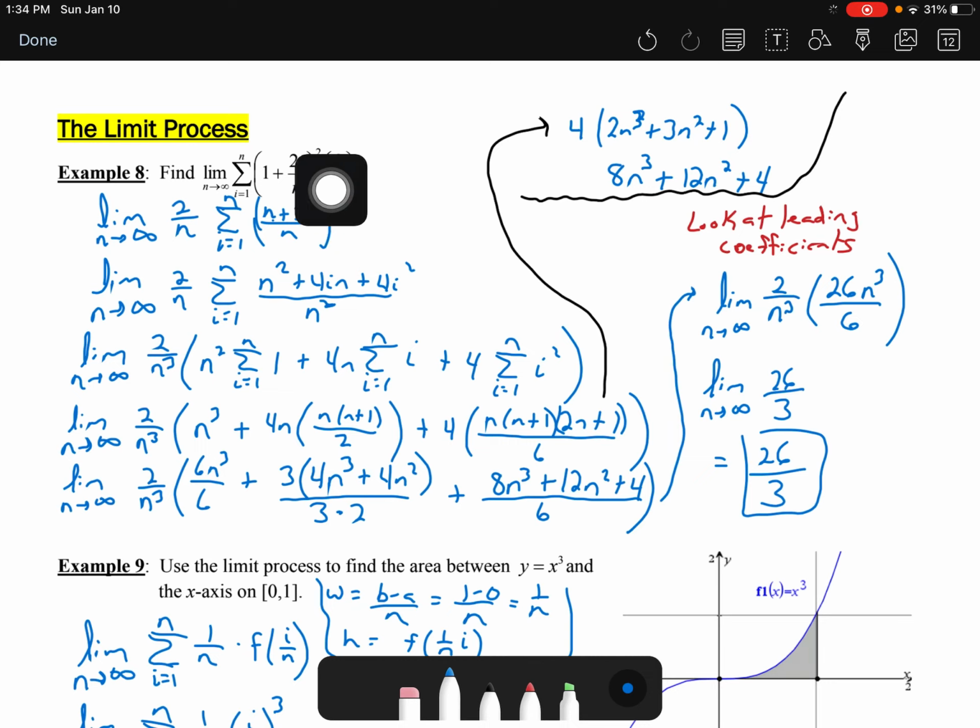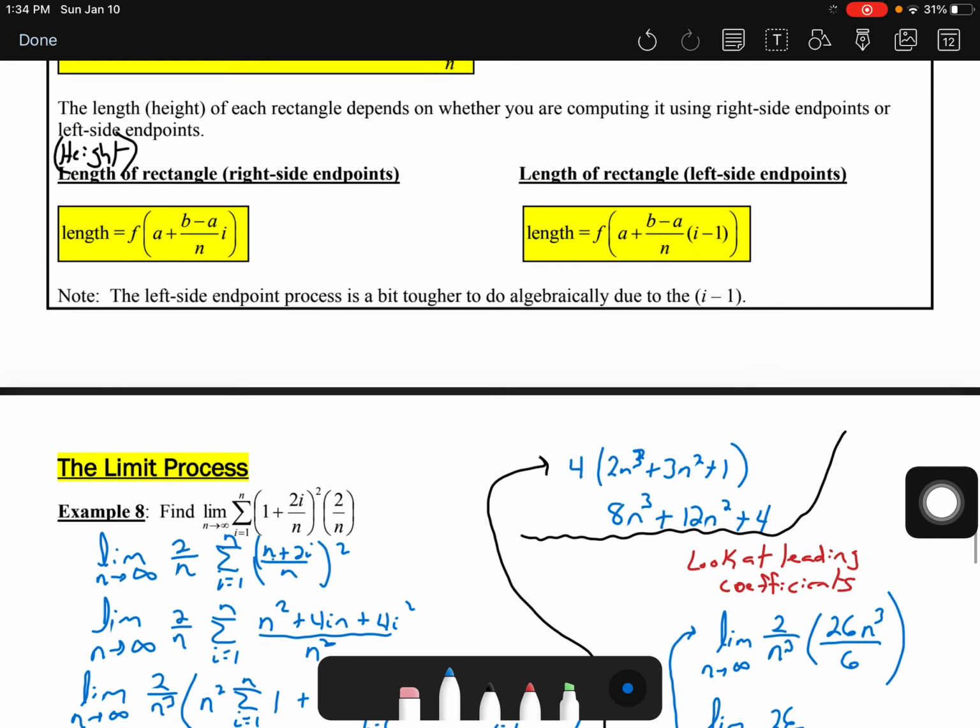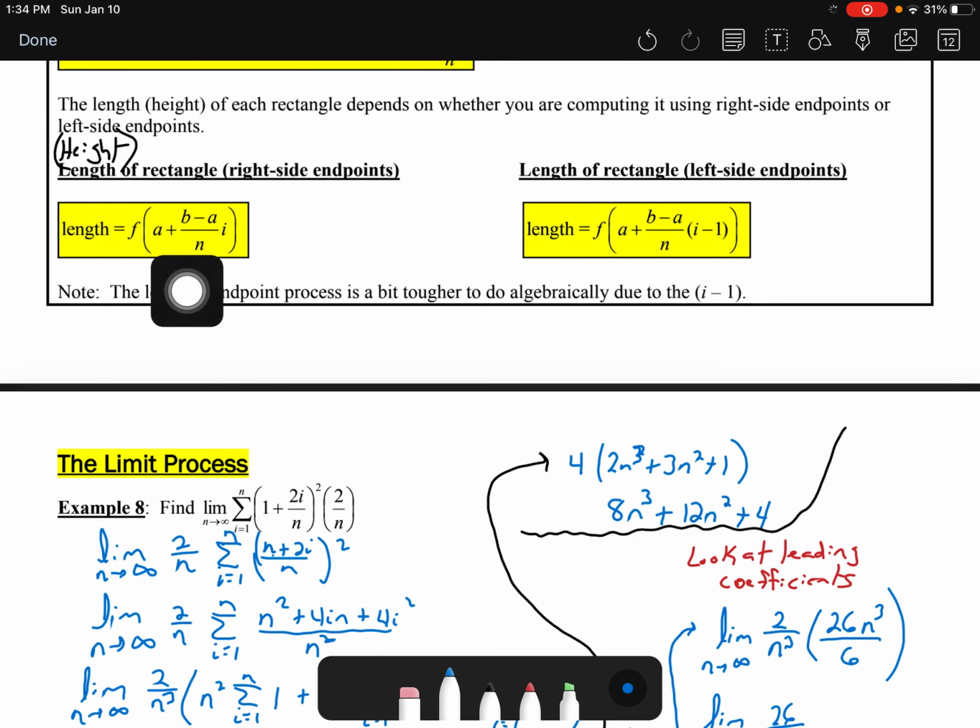And now here's the other clue. We know it's already been plugged into some function that they didn't give us, but the function is something squared. We always do f of this 2i over n, but this one actually has a 1 plus in front of it. Recall, if we look up here at these formulas, when that's the case, that 1 being added is your starting point of your interval.